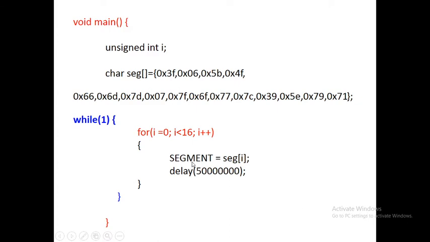Segment 2 is nothing but port 2, where we have connected the 7 segment display hardware. Then we call the delay to see that variation. In this fashion, we continuously take data one by one from the lookup table and pass it to the 7 segment display, and every time we call the delay because we want to see that number.